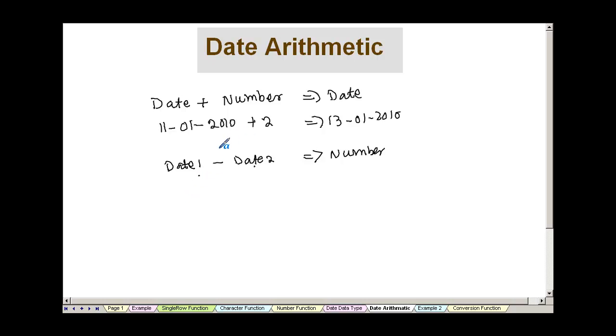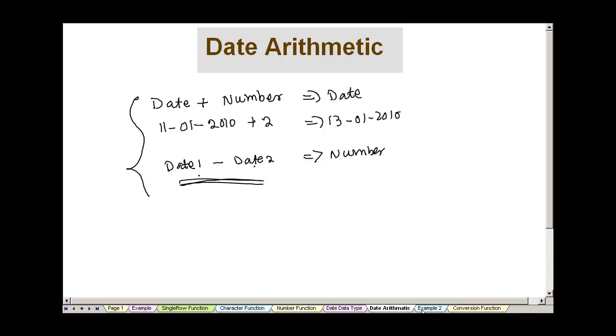As I told you before, in a date we are also storing the hour, minute, and second. So whenever we subtract, it will not always be a whole number. It may be a fraction which accounts for the number of hours. All right. So this is the basic thing that you should understand in date arithmetic.